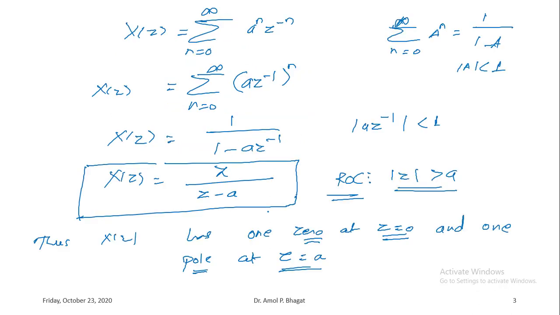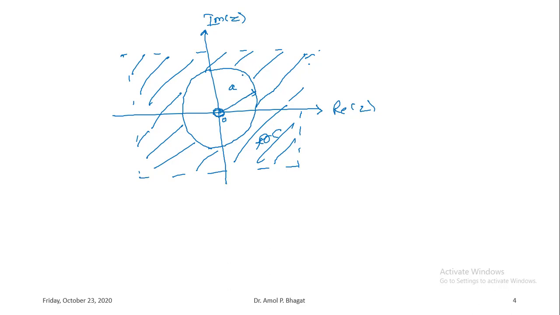And similarly you can indicate the pole at z is equal to a. The value a is present anywhere on this circle, so that will be represented by using a cross sign. So this radius is a, and this value on this circle is a, and this pole is represented by using a cross sign, right?